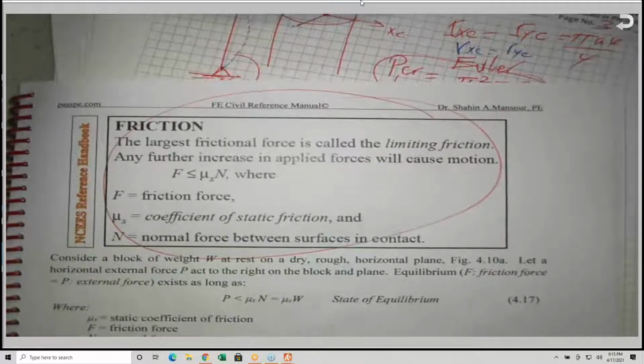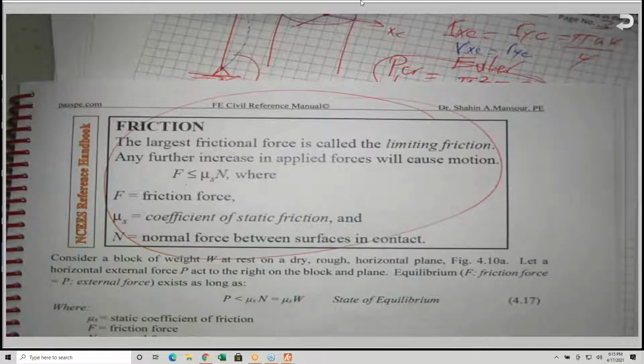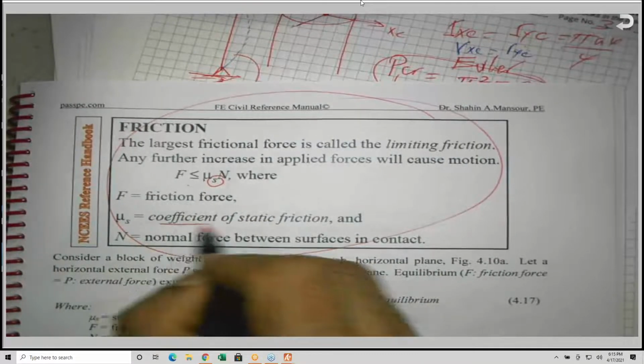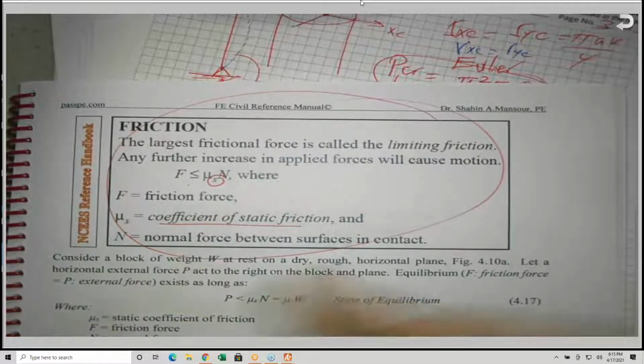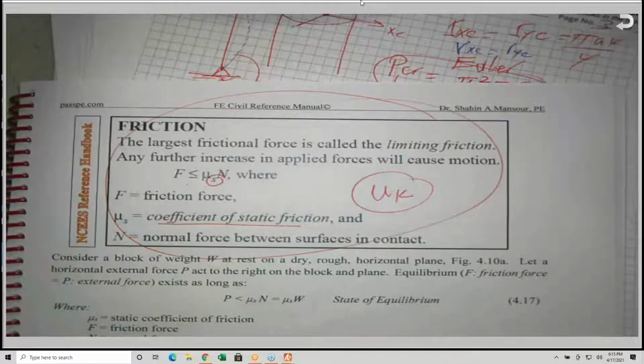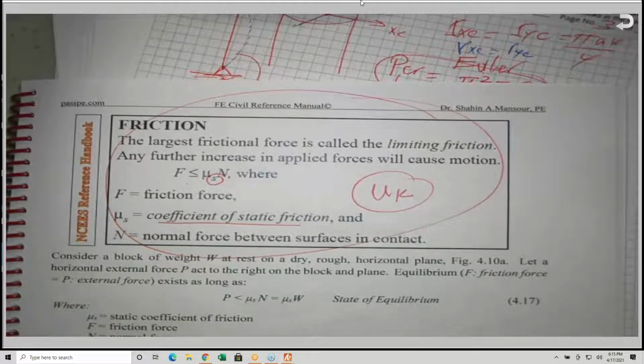Friction. Friction is very important, and this is what is given. F is less than or equal to mu N, where they are using mu s, the coefficient of static friction, because we have another one called mu sub k, which is the kinetic coefficient of friction.